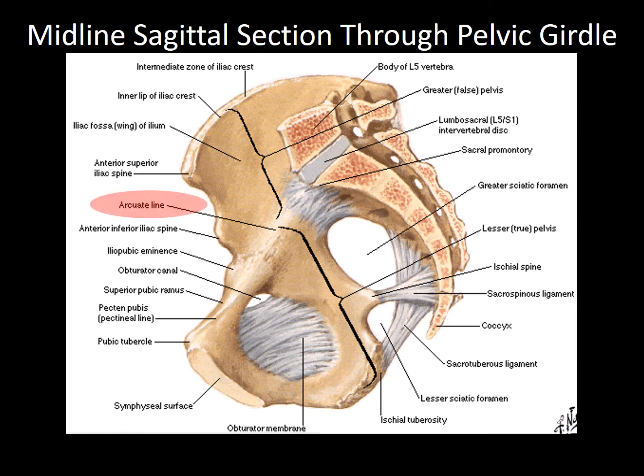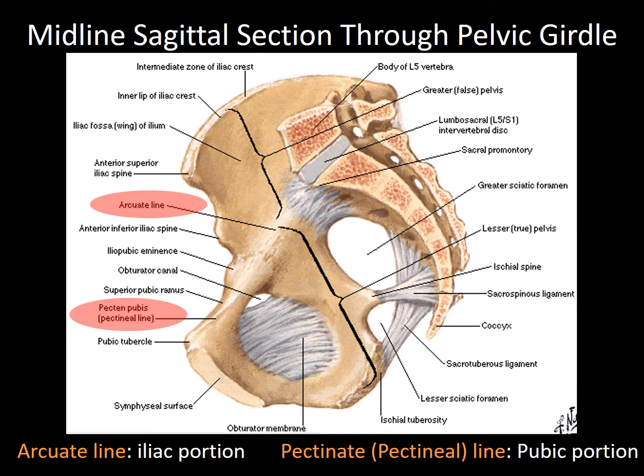So that line that I had highlighted on the previous slide is called two different things. It's called the arcuate line or the pectineal line. The arcuate line is the iliac portion of this overall line, and the pectineal line, or the pectinate, is the pubic portion. So basically this is the line that runs here.